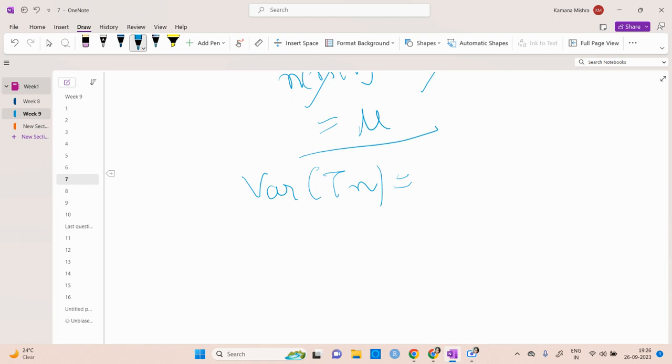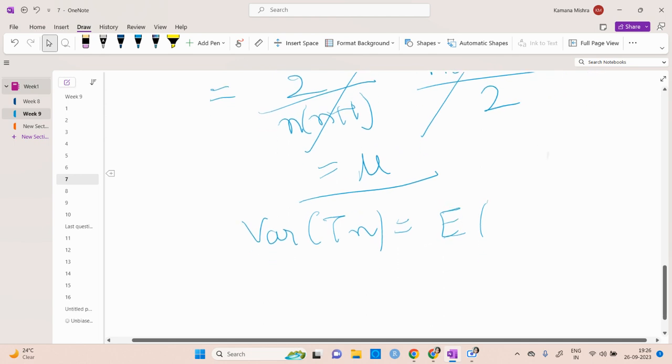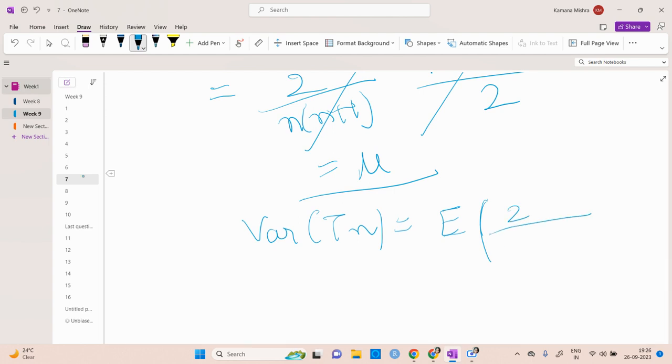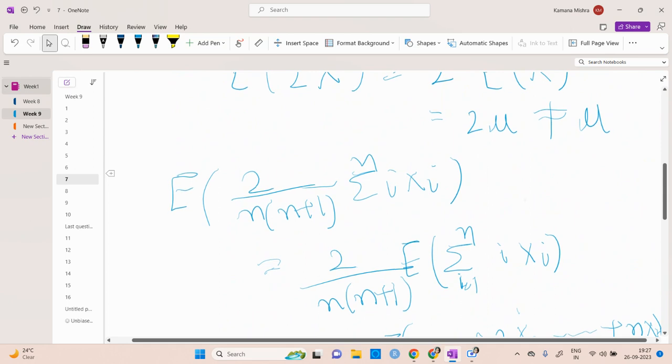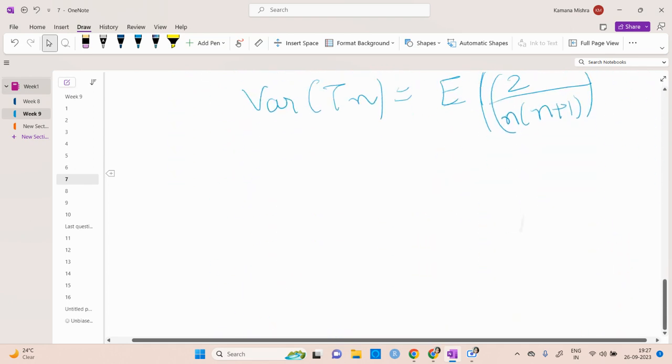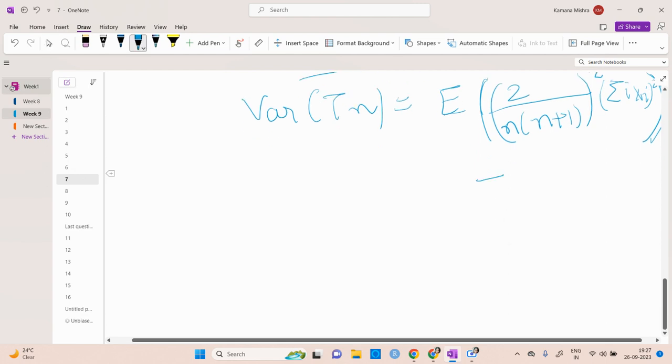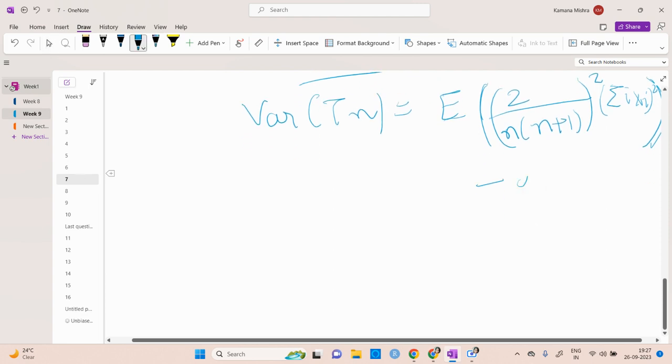So it will be expectation of Tn whole square, which is 2 upon n(n+1) its whole square, as summation i·Xi whole square, minus this expectation, which is just mu.